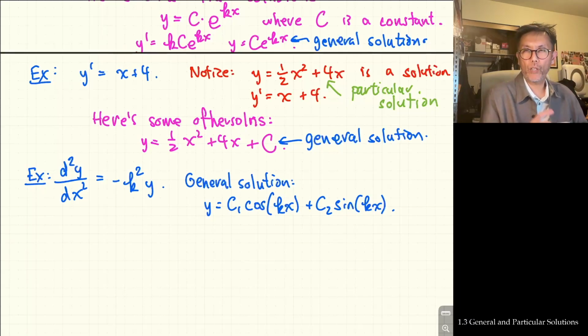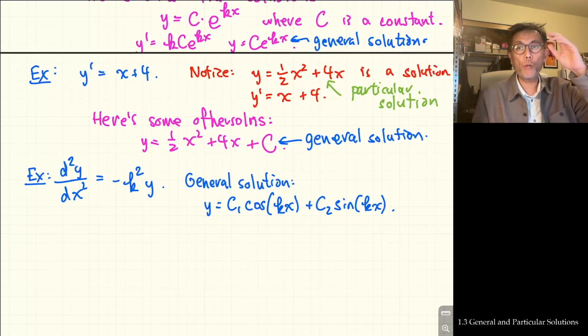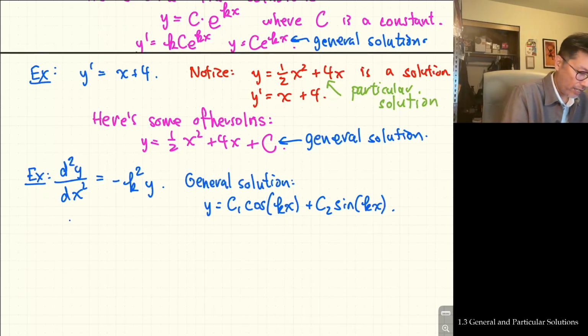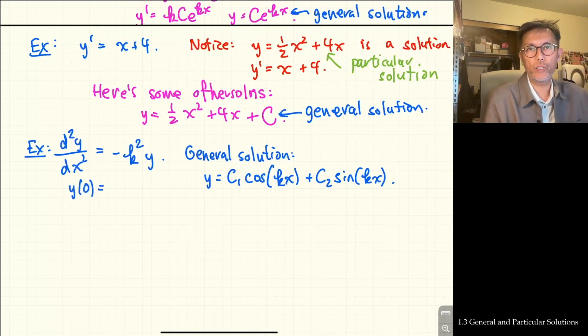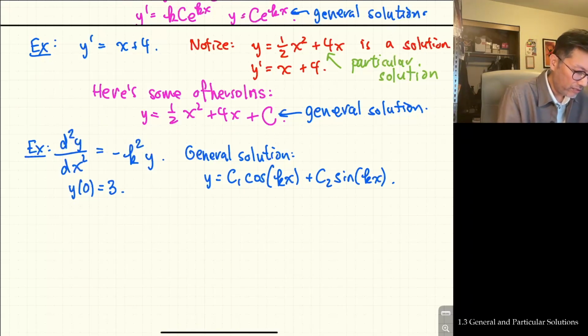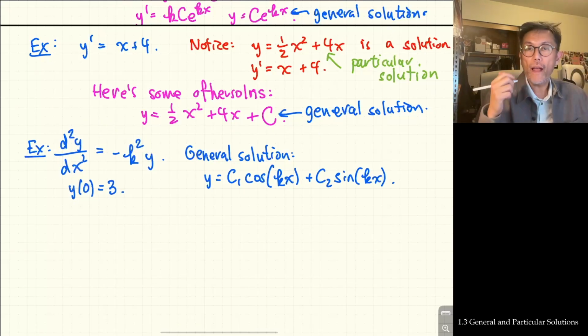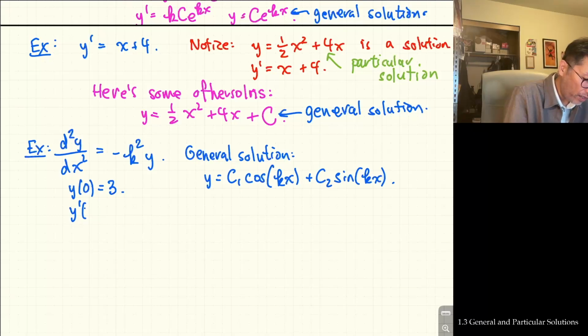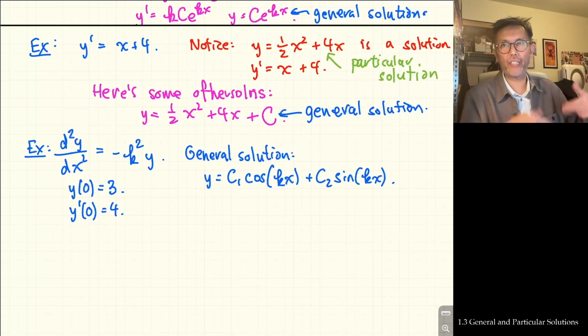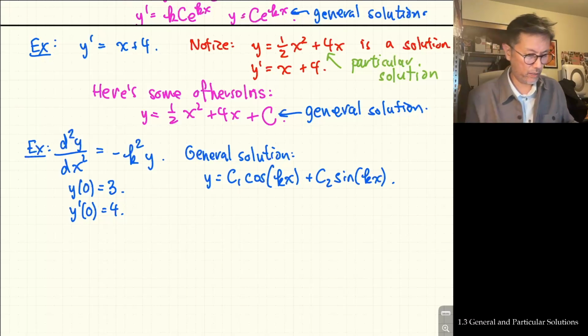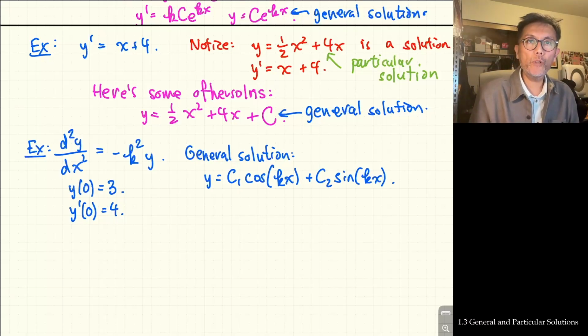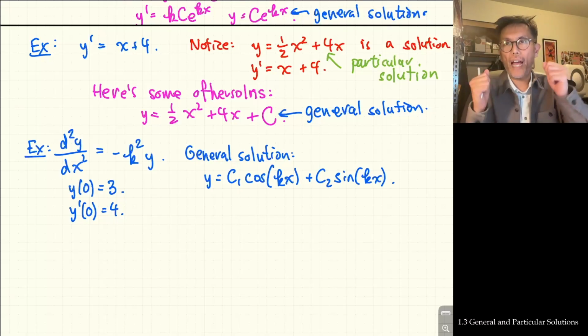Okay, let's say that we have that differential equation, but we add in the condition that, let's say, y of 0 must be equal to, I don't know, 3. Okay, let's say that we include that. And that y prime of 0 must be equal to 4. Let's just say that we have those conditions for our solution here. Okay, then we can say something about what C1 and C2 have to be.